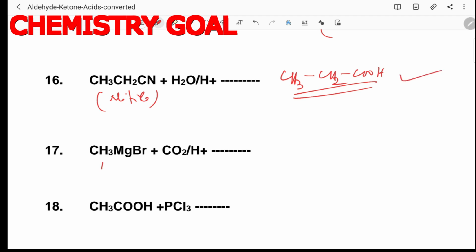Then this is Grignard's reagent, which reacts with carbon dioxide. Here carbon dioxide is attacked by the methyl group having minus charge, magnesium plus charge, attacking the carbon. So the result is CH3COOH, the corresponding acid is formed. We have to remember, when Grignard's reagent reacts with carbon dioxide followed by acid hydrolysis, the result is carboxylic acid.